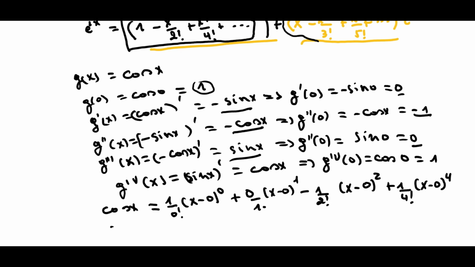So that we will have cosine of x equal to 1, and this is 0, then minus x squared over 2 factorial and plus x power 4 over 4 factorial, minus the next one, and so on.